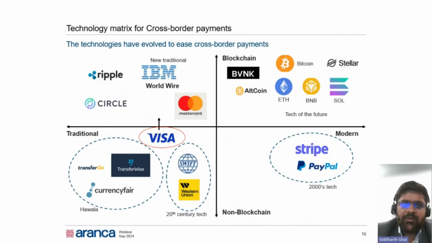So this matrix gives you an overview regarding how the landscape of cross-border payments has evolved over time, how traditional players were working in this area, and how they are moving forward in this area. It would be there in the future that the bigger players would be integrating with the smaller niche companies for enabling cross-border payment solutions via blockchain.